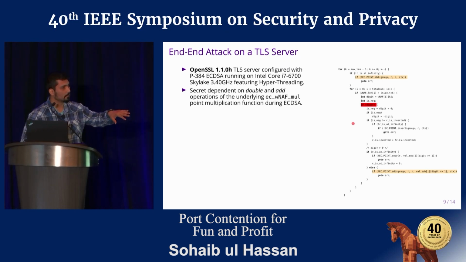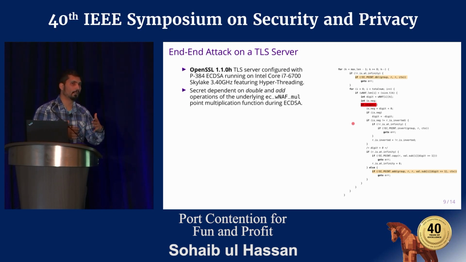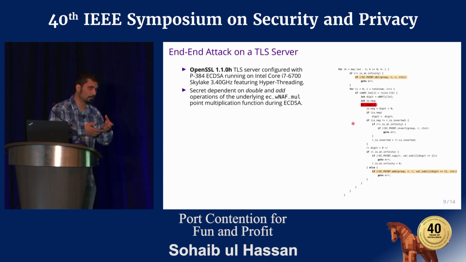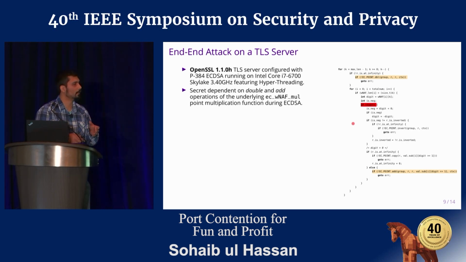Within these add and double operations, we have different finite field operations like squares and multiplies, and those turn into instructions and then into micro-ops. For the sake of the attack, depending on the architecture, we have to do experiments on which port we get the better signal. So I think we used port 5 in this case, which worked for us. Okay. Thank you. You're welcome.